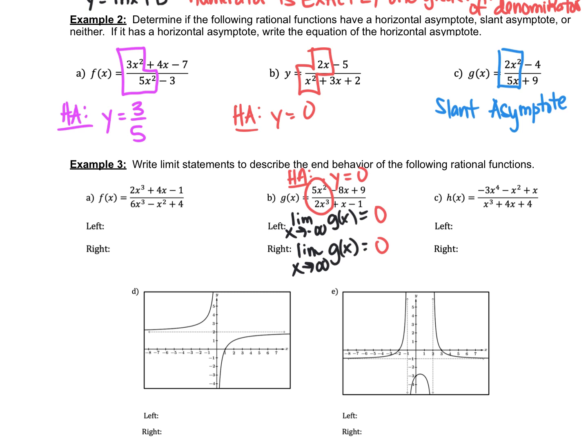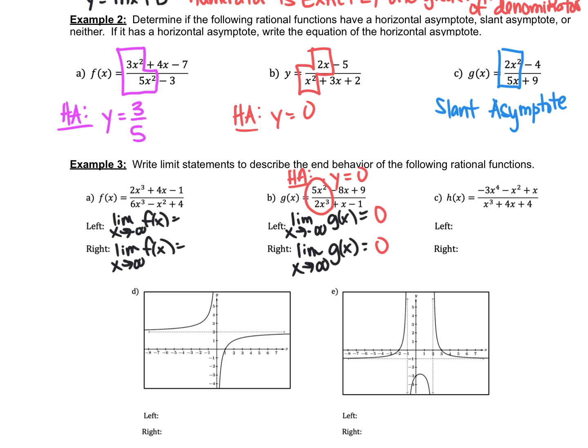You try A and C for me real fast. On the first one, again, we're doing those limit statements, so that's not going to change. For the left, limit as x approaches negative infinity of f of x. And then limit as x approaches positive infinity of f of x.